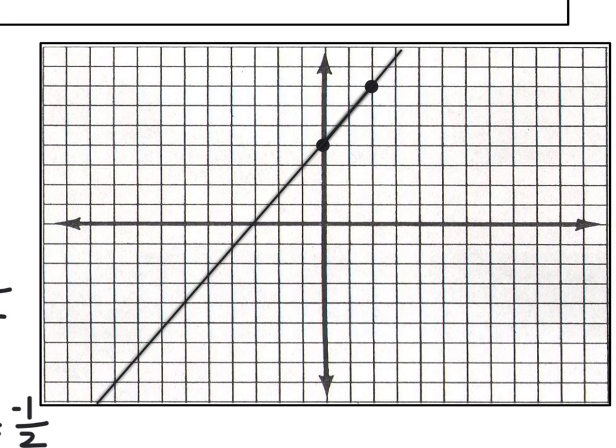On this one, we go down 4 and put a dot. Then I go down 1, right 2, put another dot, and draw my line.